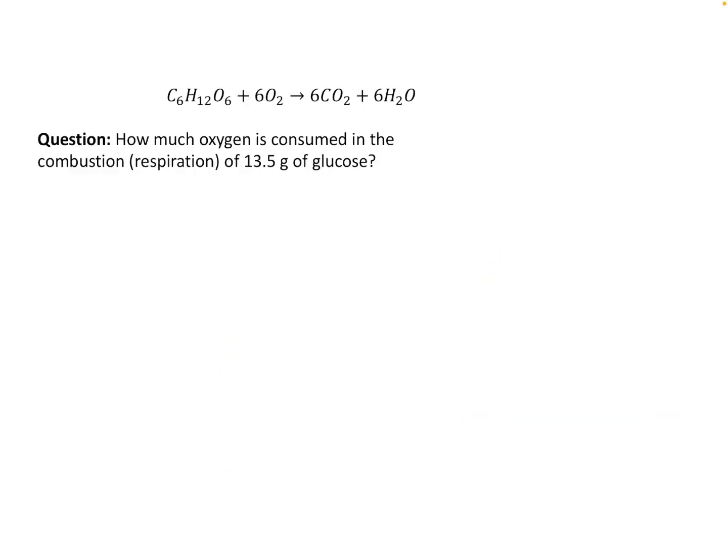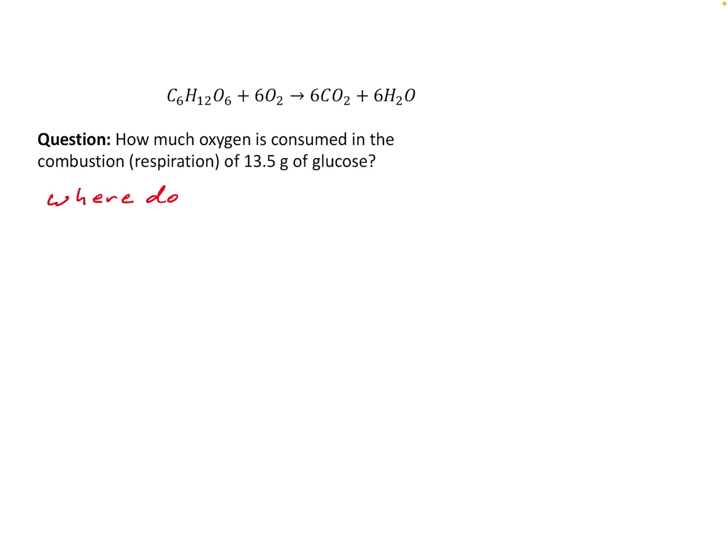So let's take a closer look at our example here. We've got glucose, which is reacting with oxygen to form carbon dioxide and water, and the question would be how much oxygen is consumed in the combustion or respiration of 13.5 grams of glucose. So we have, in general, a process that involves answering three questions.